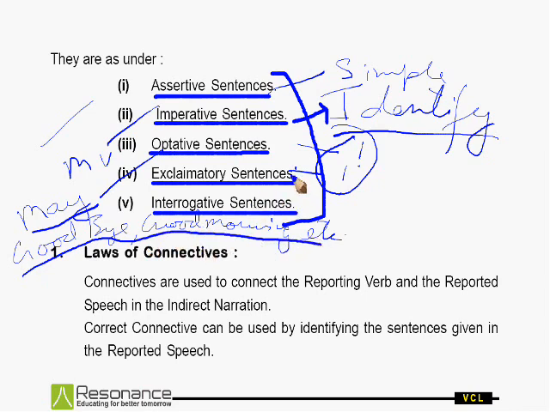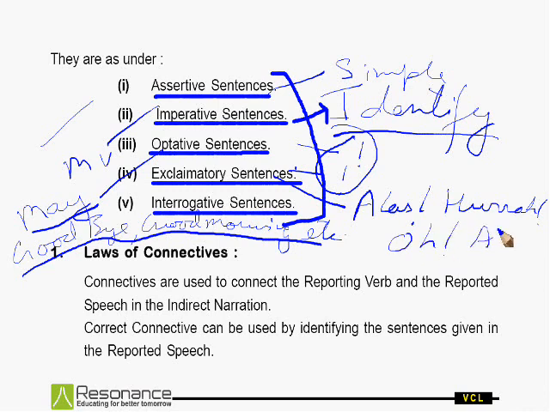Whereas exclamatory sentences generally express sudden human feelings, certain human emotions, just like this: alas, hooray, oh, something like that. That basically is the difference between the optative and the exclamatory sentences.